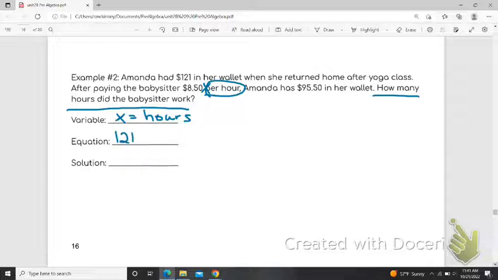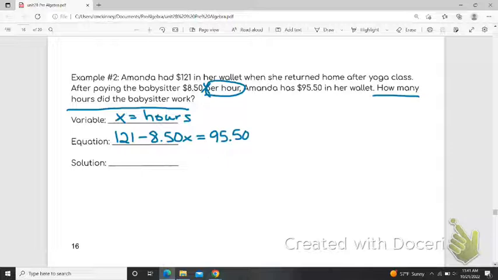Now she's paying the babysitter $8.50 an hour. For Amanda, that's taking money out of her wallet, so I'm going to call that negative 8.50x. And then what she has left at the end is equal to 95.50.